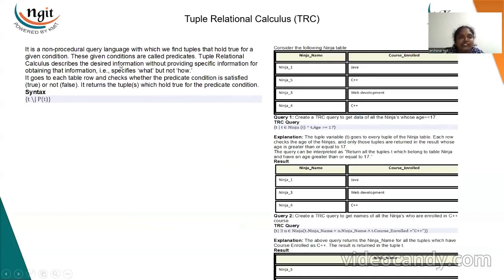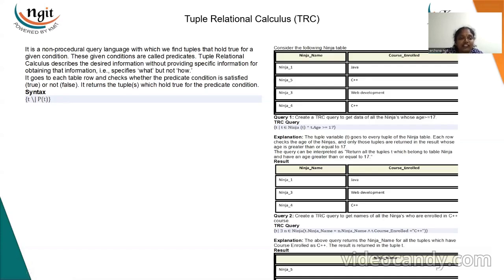So as we have already discussed what relational calculus is, let us get deeper into tuple relational calculus. Here it focuses on what record has to be retrieved from the given set of records. So this is the mathematical notation of specifying a tuple relation, wherein the lowercase letter t represents the tuple, the set of records from the given table.